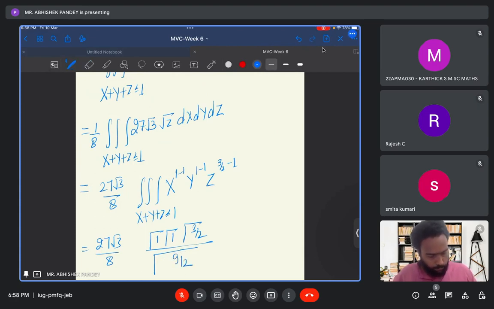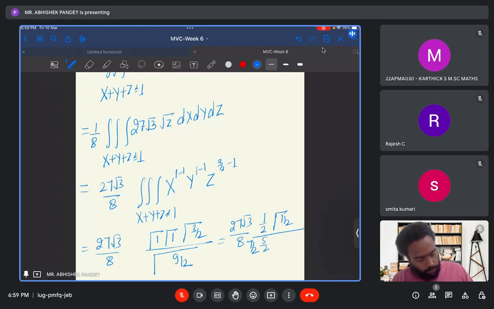Now this will be 27 root 3 by 8, and this will be 1 by 2 gamma of 1 by 2, and this will be 7 by 2 into gamma of 7 by 2. Then gamma 7 by 2 you can write as 5 by 2 gamma 5 by 2, then 3 by 2 gamma 3 by 2.